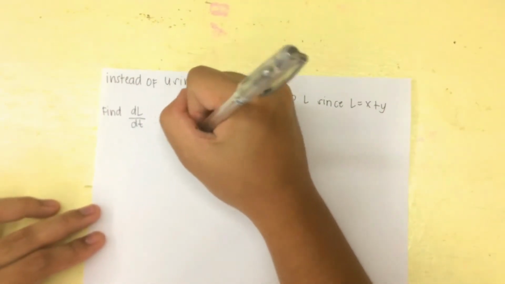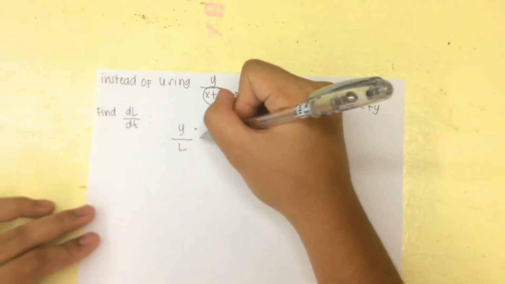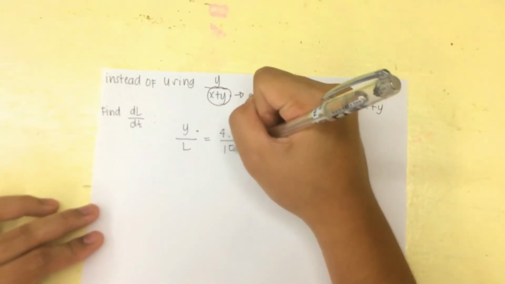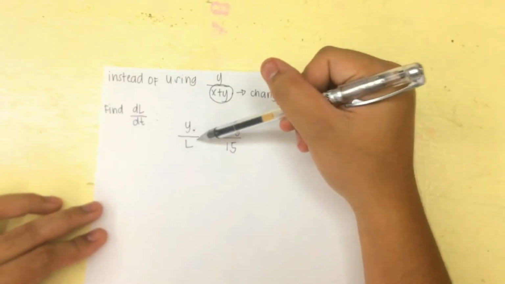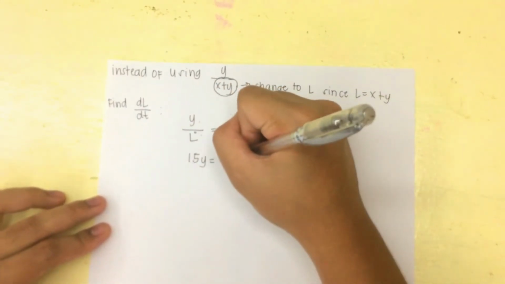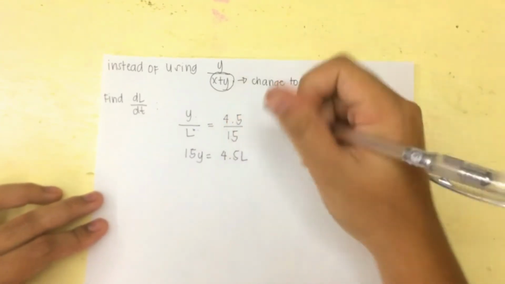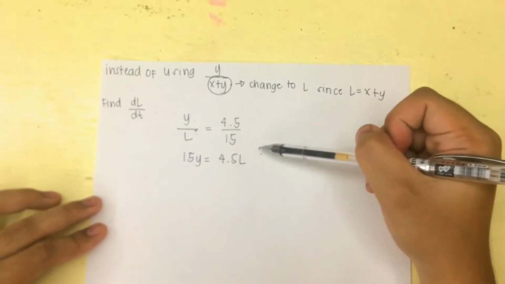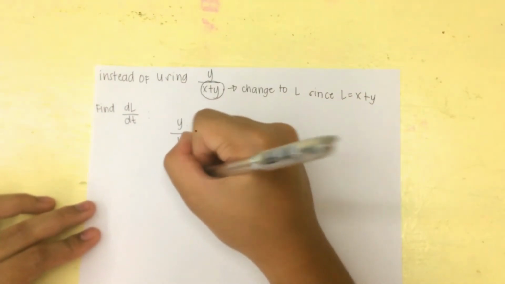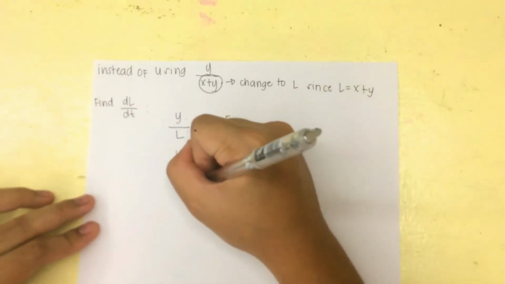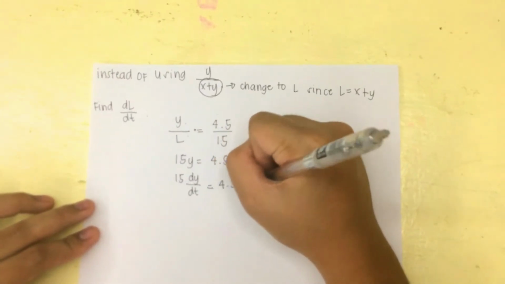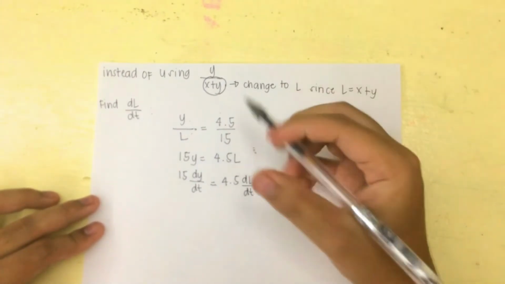Still using the previous equation, y over L is equal to 4.5 over 15. Cross multiply. 15y is equal to 4.5L. Once you get to this part, perform implicit differentiation. 15 dy/dt is equal to 4.5 dL/dt.